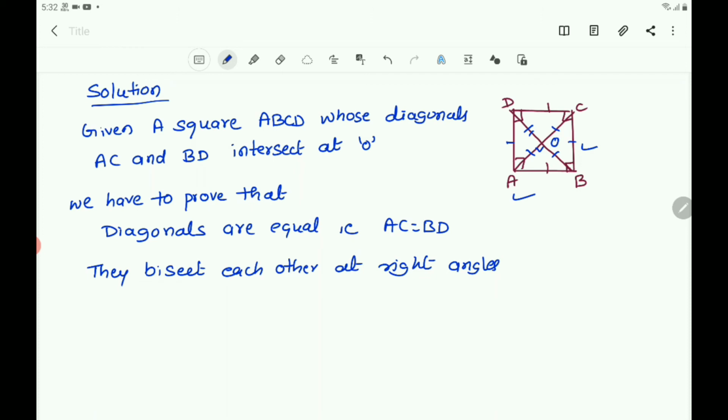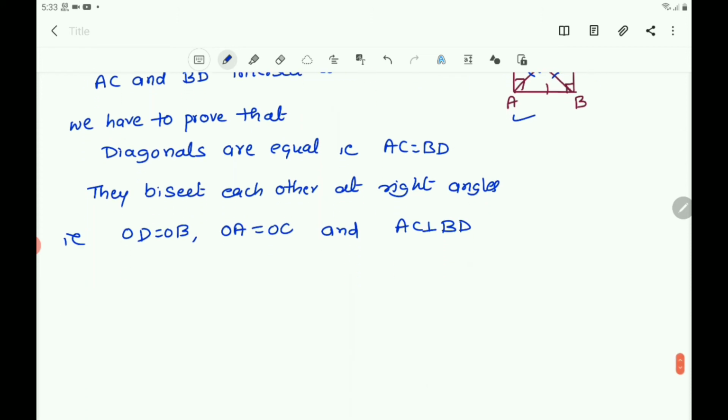Bisect means you can write OD is equal to OB, that is right, OD is equal to OB, OA is equal to OC. And at right angles means you must write that AC is perpendicular to BD. AC is perpendicular to BD. This much is to be proved here.